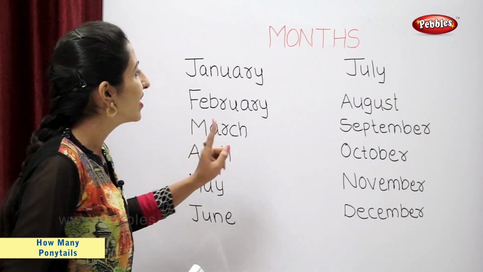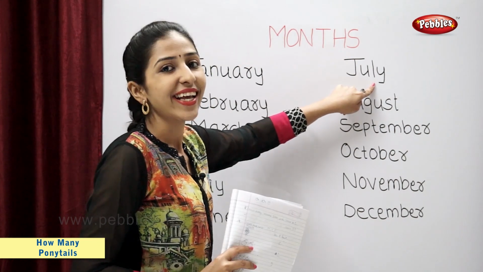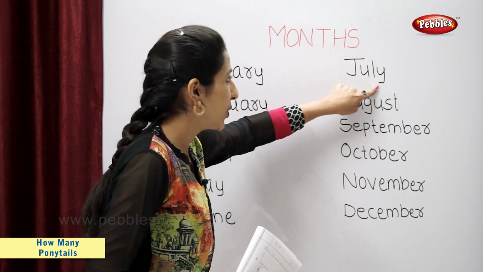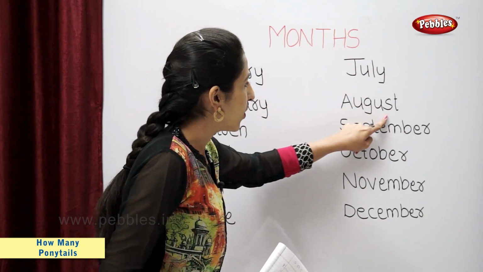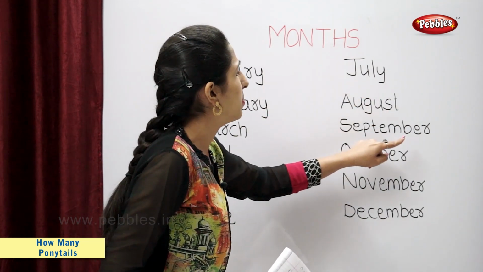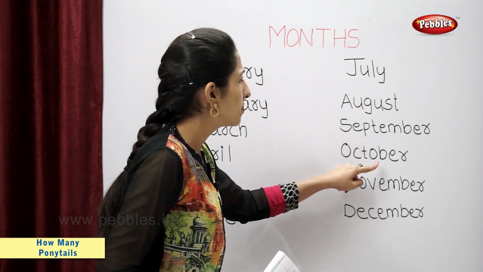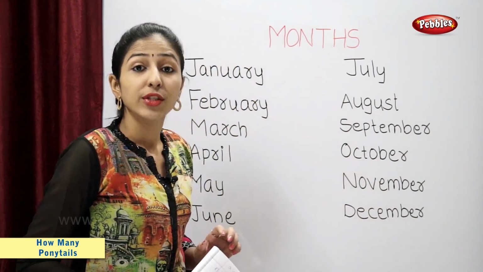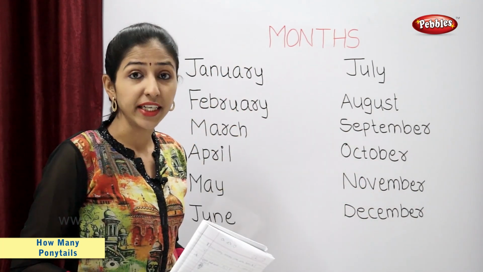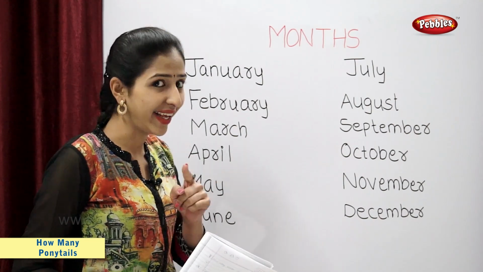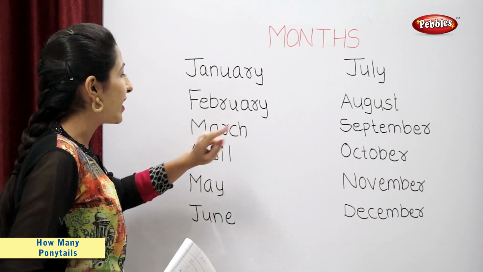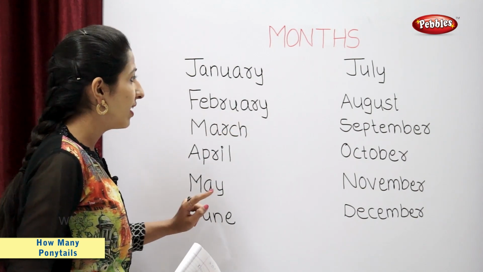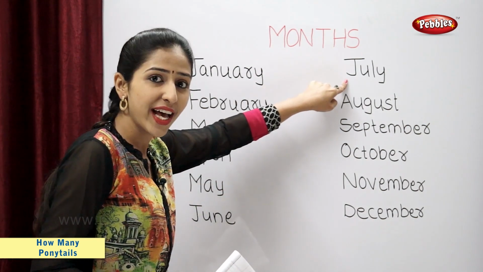No. July also ends with letter Y. August, T, September, R. No. So there are 4 months ending with letter Y. They are January, February, May and July.